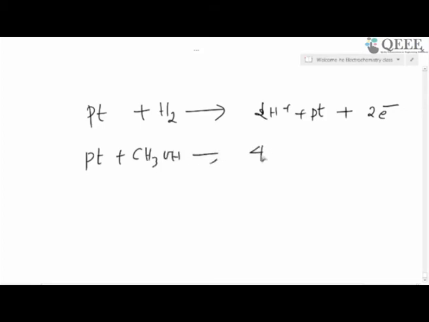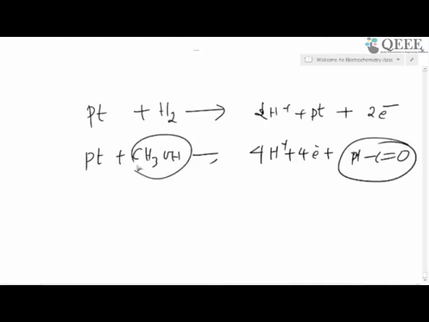Methanol also oxidizes, releasing 4 electrons, but there will be CO, carbon monoxide, coming from the methanol, which may be irreversibly adsorbed on the platinum surface. That means you need more energy to remove this carbon monoxide from the platinum surface. This way, as the fuel cell operates, more and more platinum catalyst will be poisoned by carbon monoxide, and at one point the fuel cell will stop working.